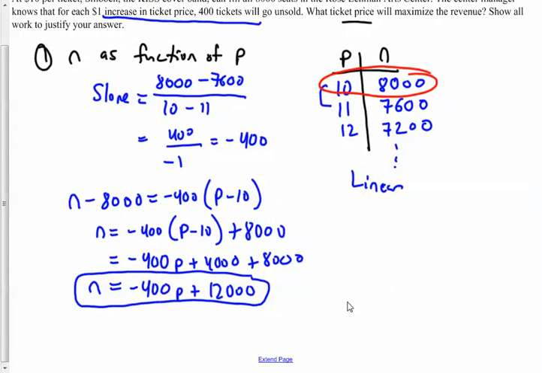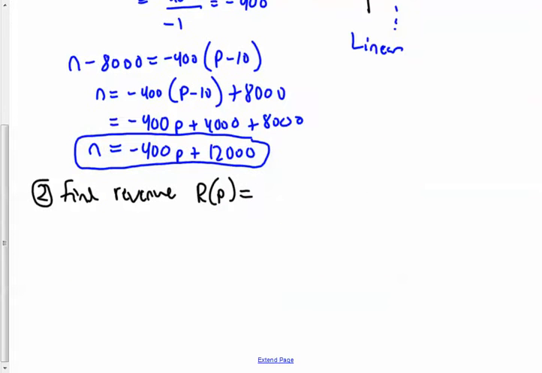Well, now we want to come up with the revenue. Find the revenue function as a function of the price. Well, revenue depends on two things. It depends on the price and the quantity, the number of tickets that are sold. Well, we said p was the price and the number of tickets was n.